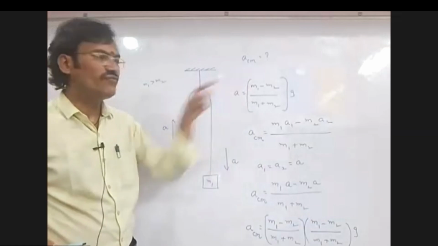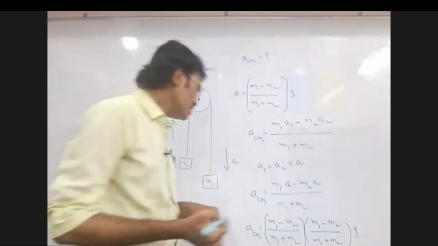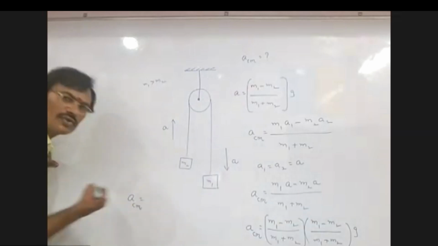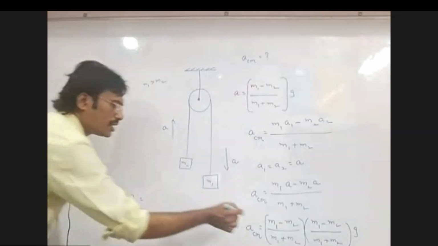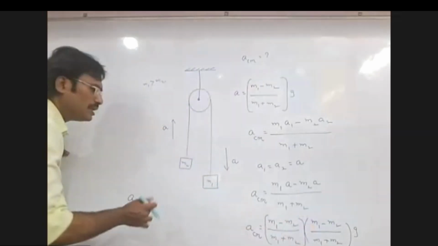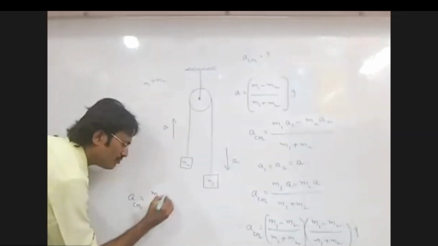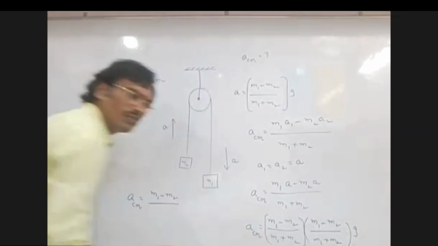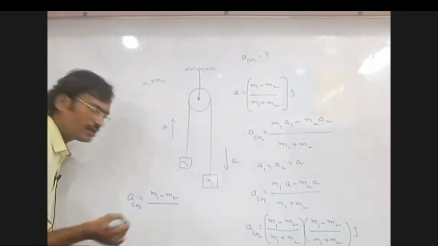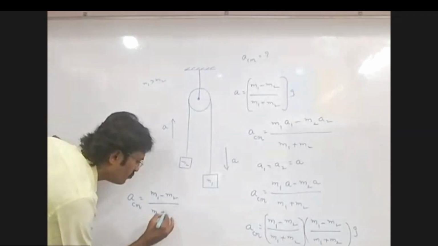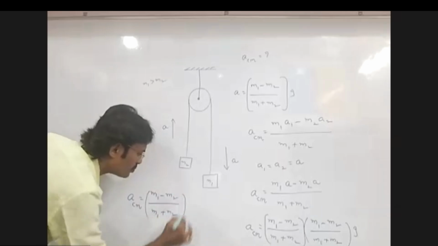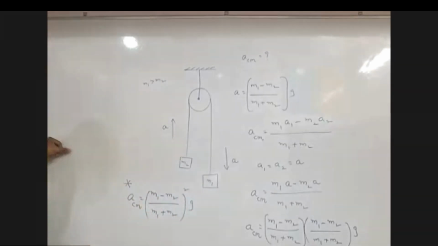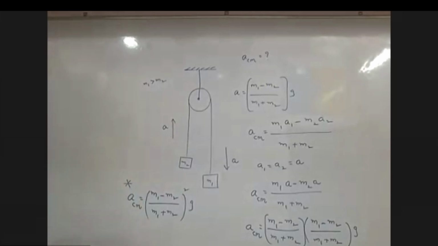With that, ACM is equal to (m1 minus m2) multiplied twice, so (m1 minus m2) whole square, by (m1 plus m2) multiplied twice, same term two times, whole square, into g. This is the formula of acceleration of center of mass of the two bodies.